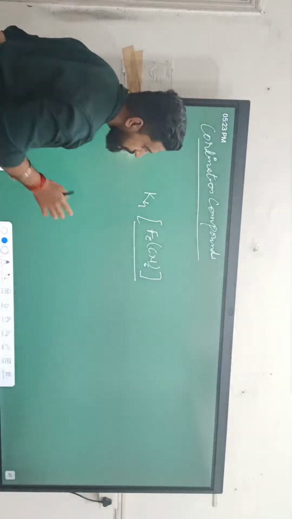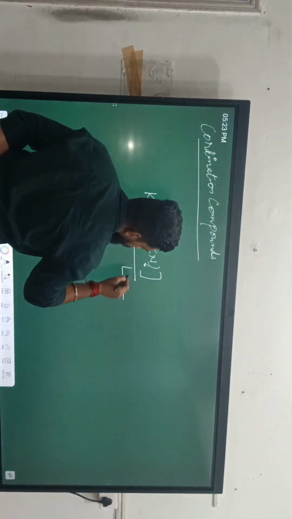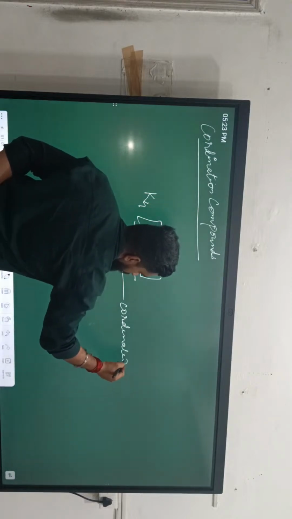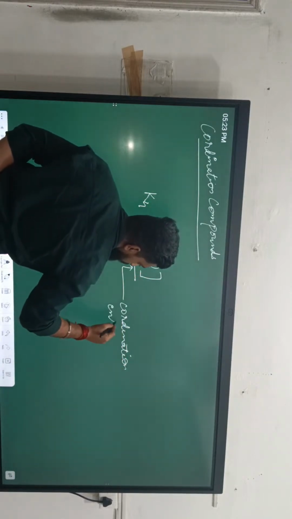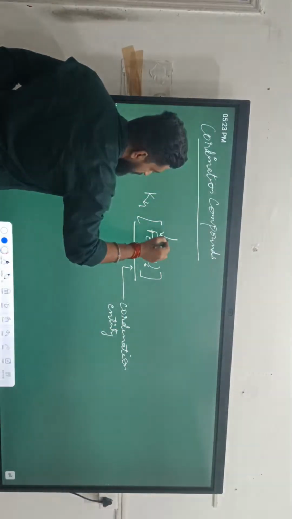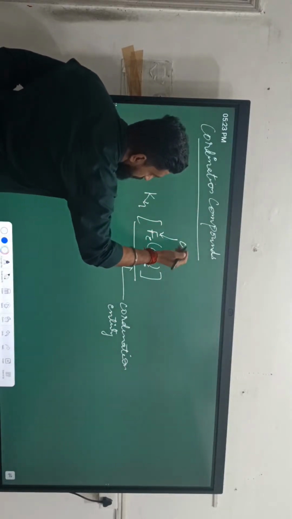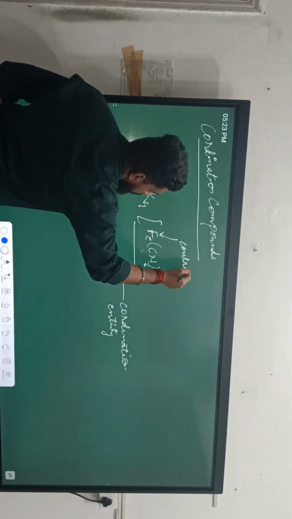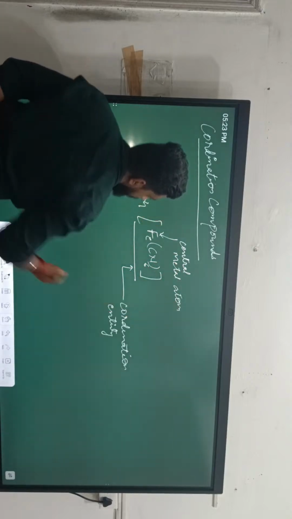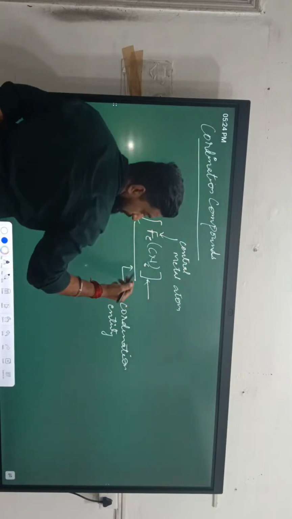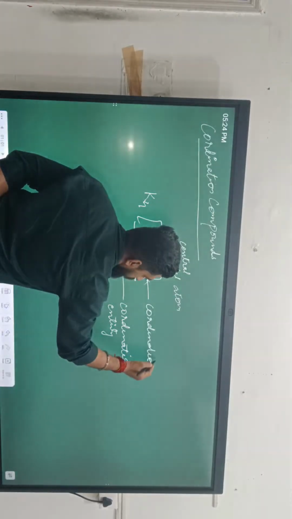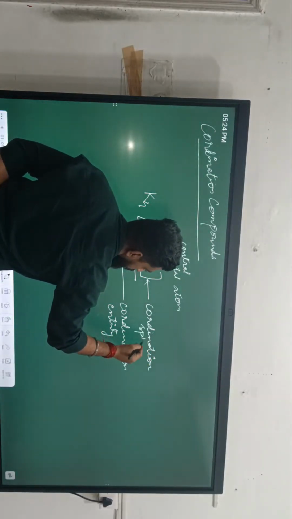Everything inside the square bracket is known as the coordination entity. Okay, the first element inside the square bracket is known as the central metal atom, and the square bracket itself is known as the coordination sphere.